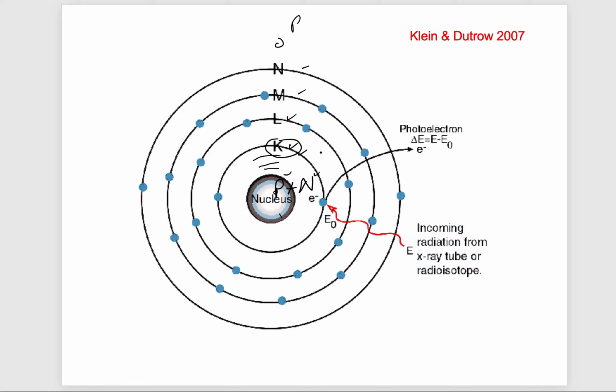And so instead of starting with the K shell, maybe you'd start with the D shell, and there would be D, E, F, G, H, I, J, K, etc. Well, it ends up we never discovered any of those innermost shells. Even with our more advanced techniques, it looks like K really is the innermost shell. And when that shell is full, then we move on to the L shell. When it's full, we move on to the M shell, etc.